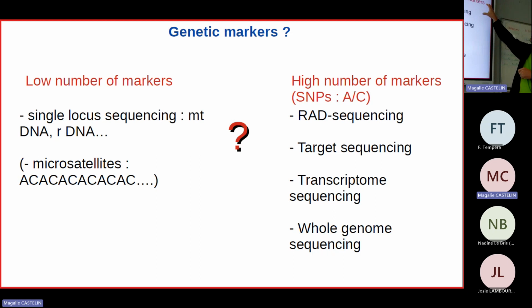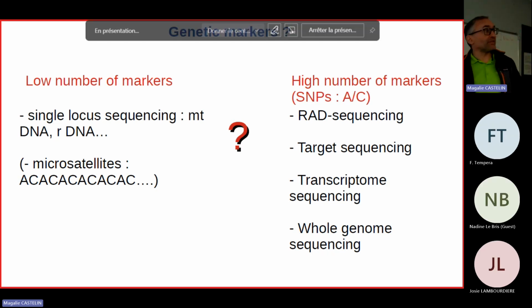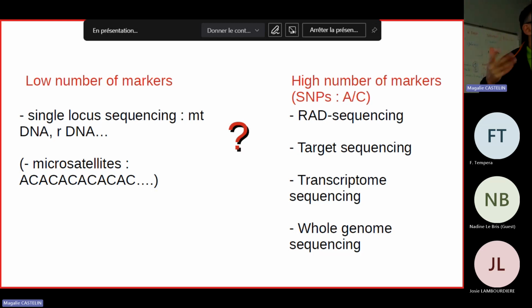And we are now in the era where we more and more develop high throughput approaches, which leads to the study of, for example, SNPs, which are variations of one nucleotide in the genome. So either you do whole genome sequencing and you have some idea of the variation at the genome scale, or you say, for example, okay, I don't have money, time, or interest in analyzing the whole genome, and you say, I will analyze only a part, for example, 5% of the genome.